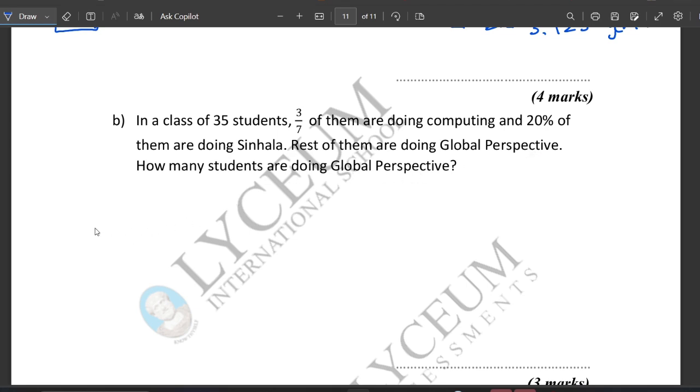So let's find computing students. 35 times 3 over 7. So 15 of them. Sinhala doing 20 over 100 of them.